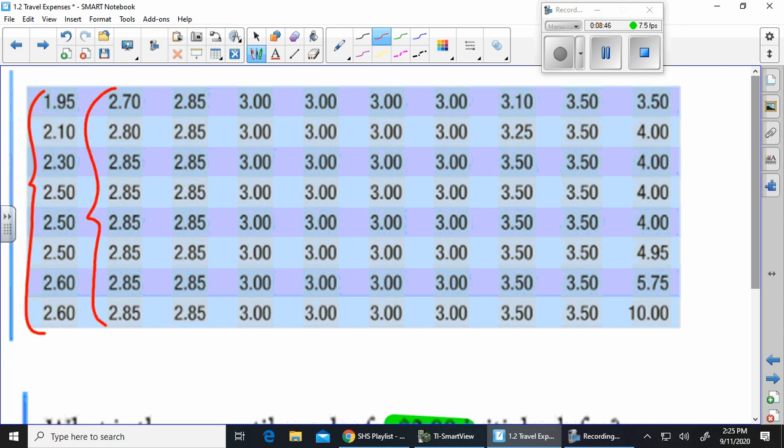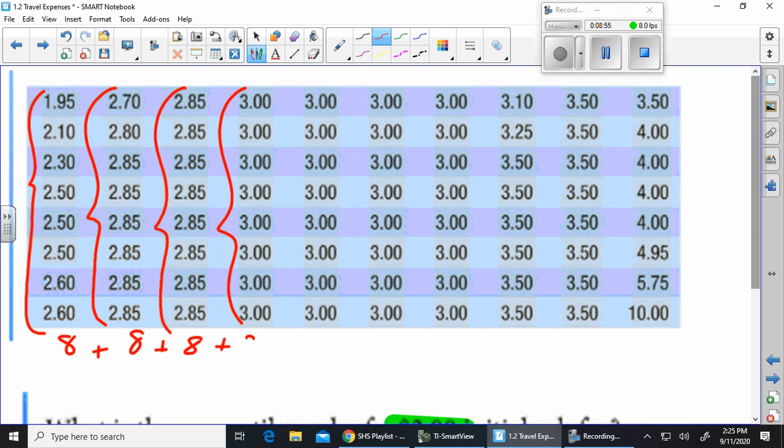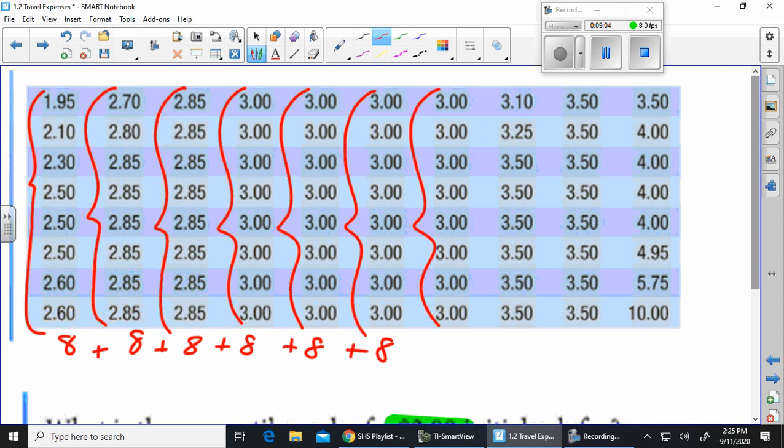There's 8 more in each of these columns, and that's it. Everything else is above $3. So I have 7 eights. 7 eights is 56.